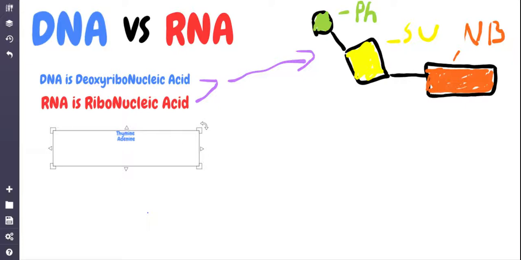Another part is guanine, might not pronounce that the best. And last but not least is cytosine, which goes with guanine. I'll put a space here so it's easier to tell.